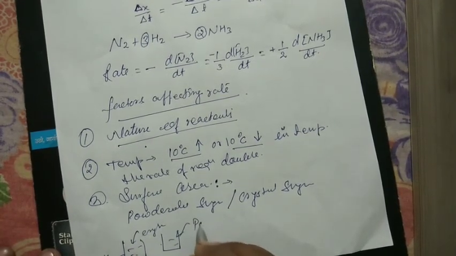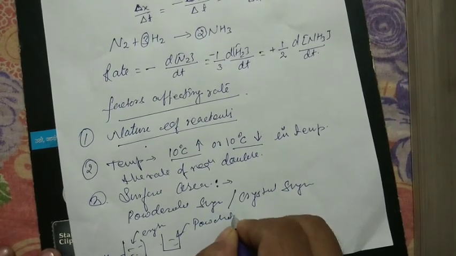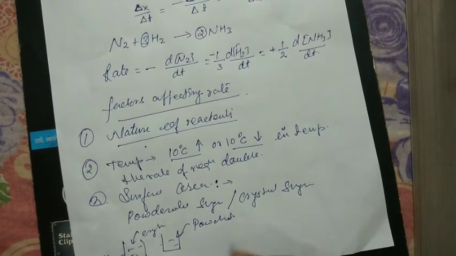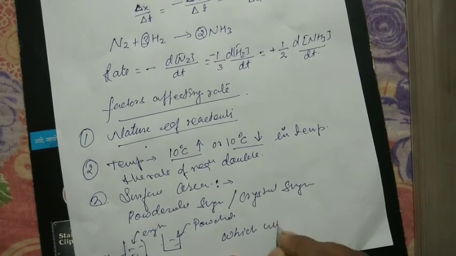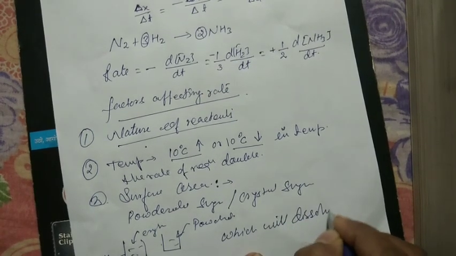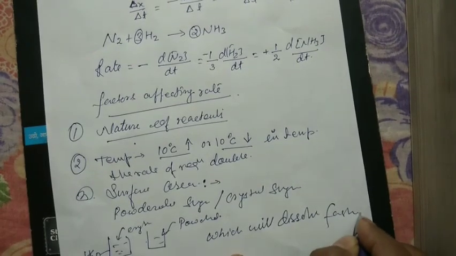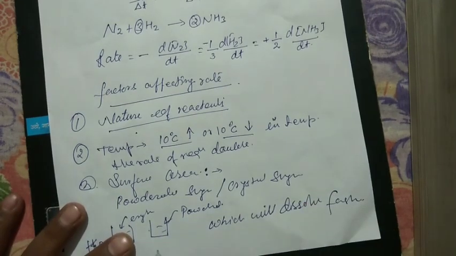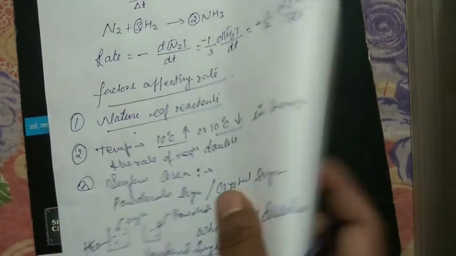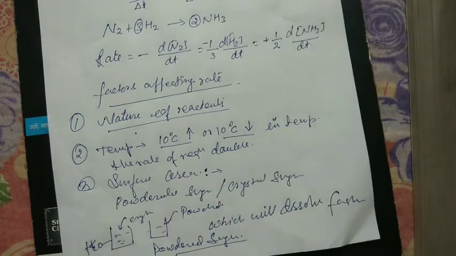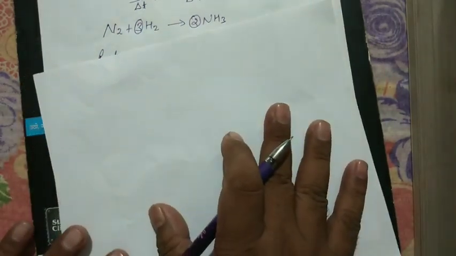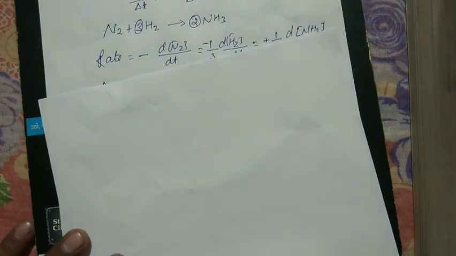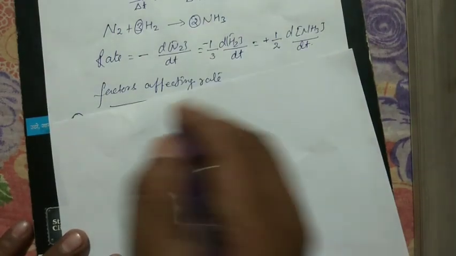Which will dissolve faster? Obviously powdered sugar. Why will powdered sugar dissolve faster? Because in case of powdered sugar, surface area is more compared to the crystal sugar.